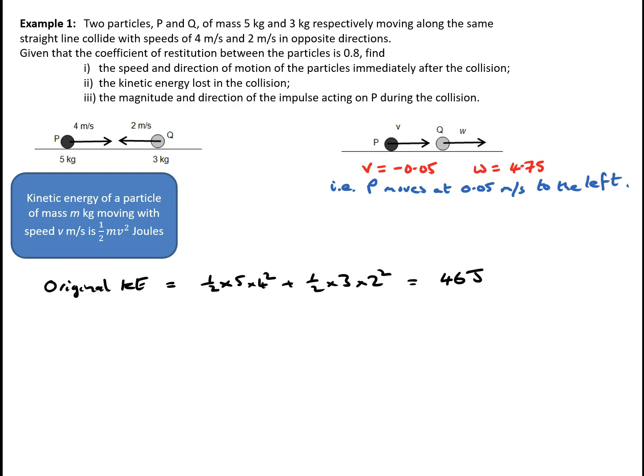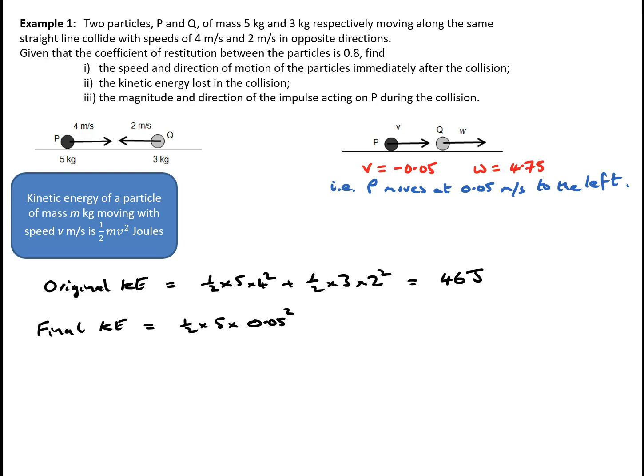After the collision, the kinetic energy of P is a half times 5 times 0.05 squared, because we're squaring it, it doesn't matter whether we include the minus or not.